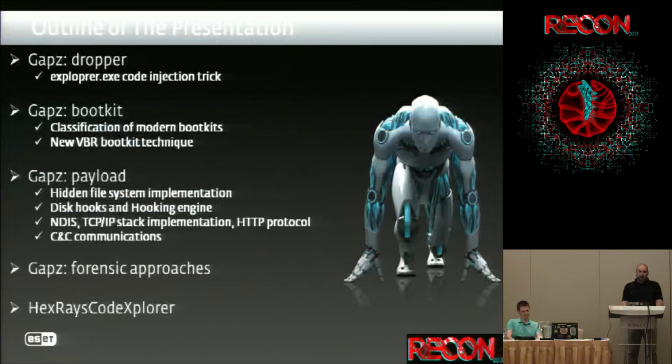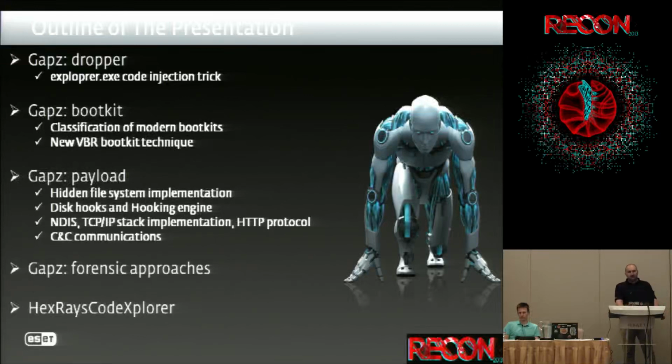The outline of our presentation: we start with the Gapz dropper, where we describe an interesting code injection trick with explorer.exe. We continue with bootkit details, where Gapz uses a really interesting technique for infecting the volume boot record, modifying only one word, 4 bytes, to receive control for the shellcode.